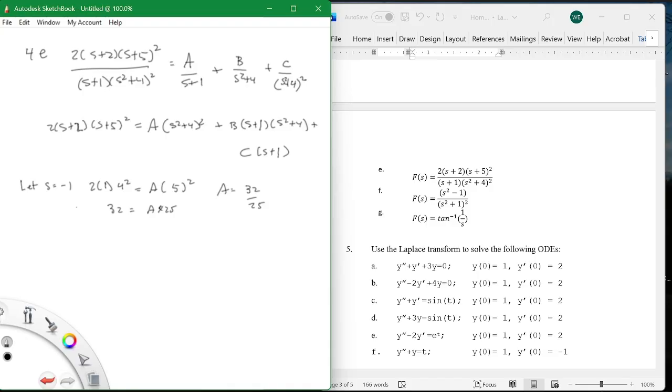Right? This is hard. This is not an easy one. Is that right? Let s equal minus 1: minus 1 plus 2, minus 1 plus 4.